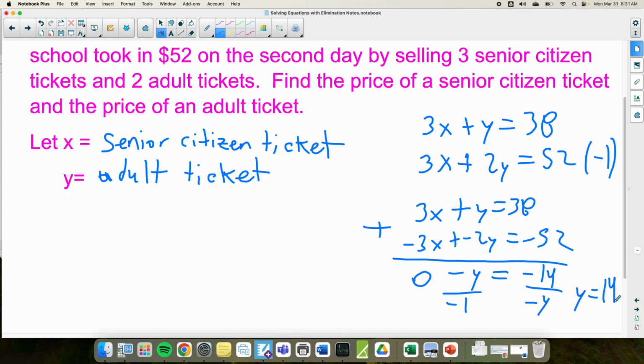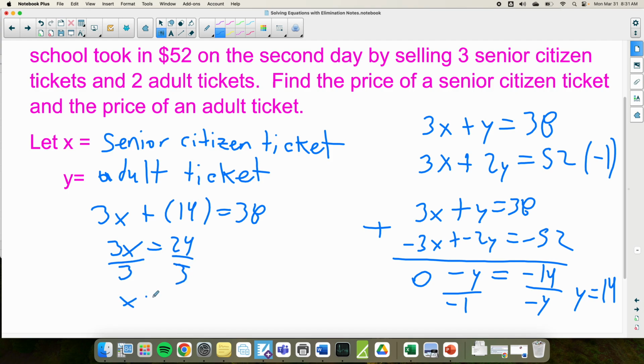So now you can plug 14 into one of the equations. So 3x plus 14 equals 38. Subtract 14, divide by 3, and x is 8.